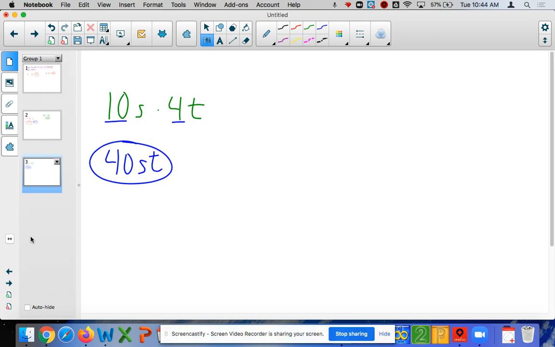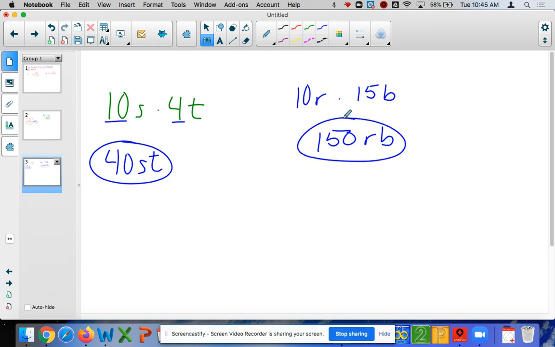What if I've got, let's do a little bit of a bigger number this time. Let's do 10r times 15b. So 10 times 15, use a calculator, that's 150. 150rb is one possible answer we can have.